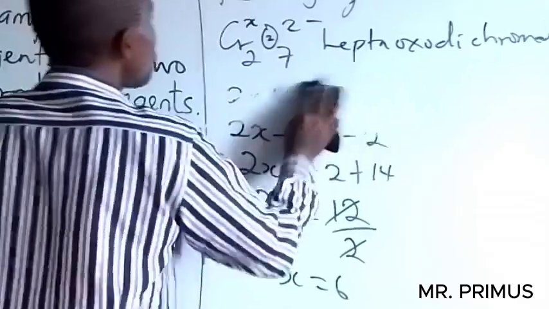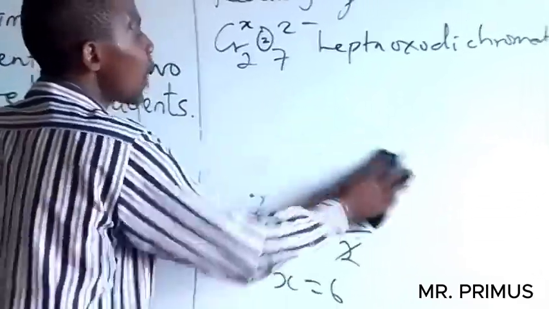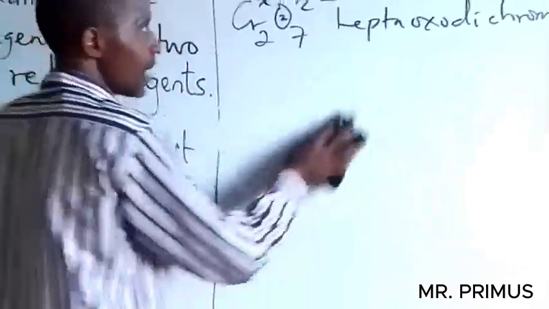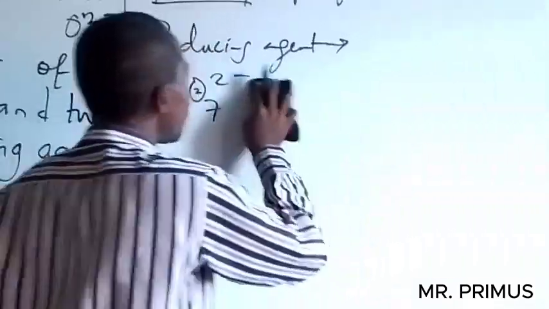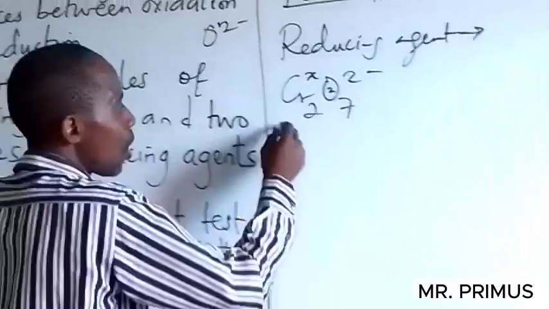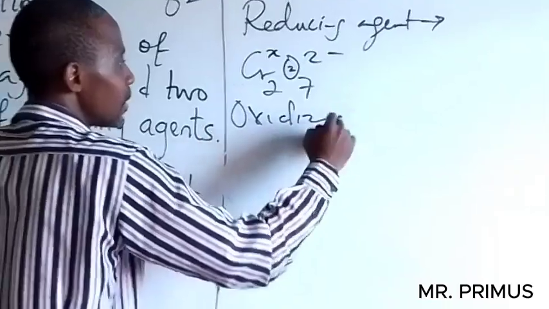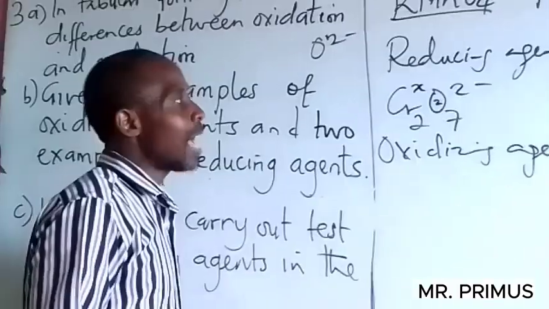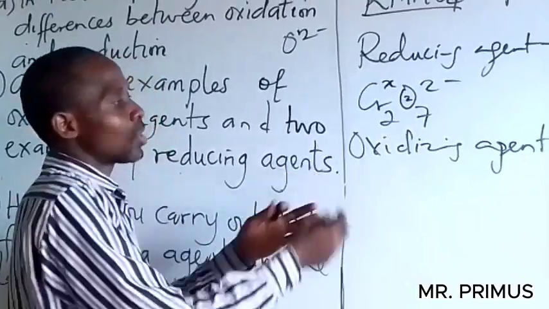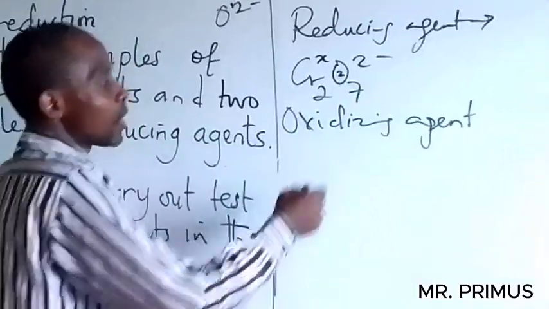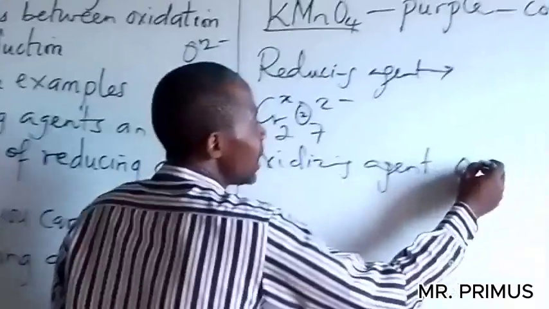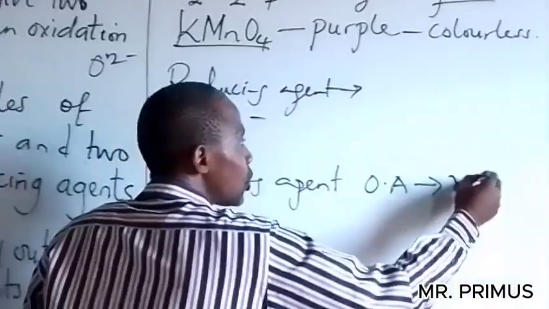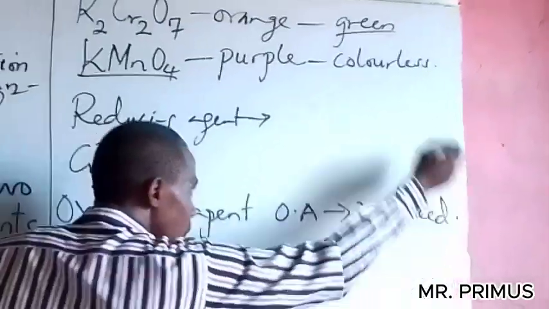So if this thing is an oxidizing agent, I can remember something now. Maybe after this I'll take time to also say a lot of other things under reduction and oxidation. This oxidizing agent at the end of the reaction becomes what? Reduced.